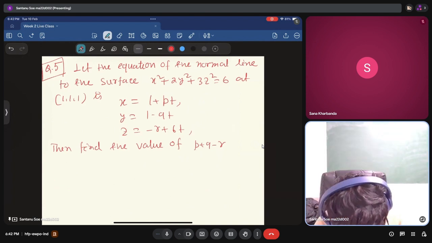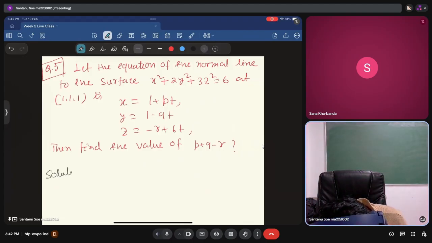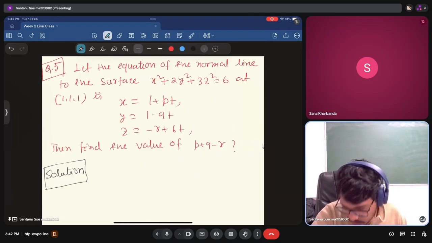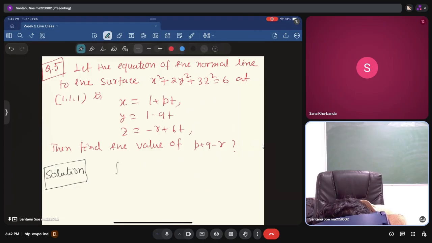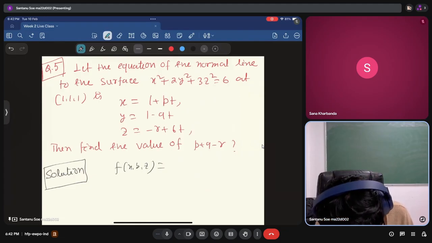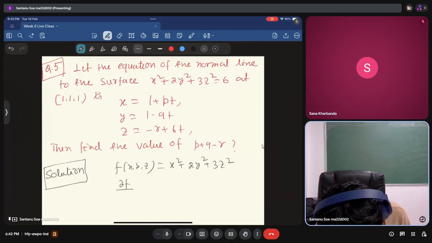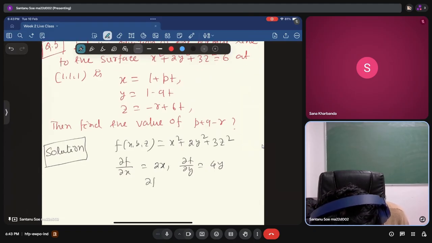Okay. So now we're going to do the solution. So f(x, y, z) is given as x squared plus 2y squared plus 3z squared. So del f del x will be 2x, del f del y will be 4y, and del f del z will be 6z.